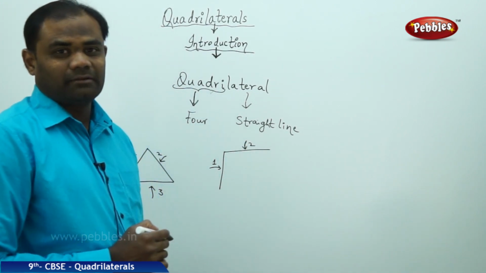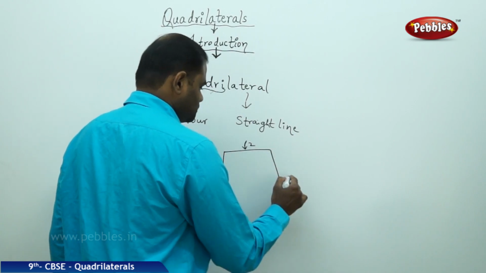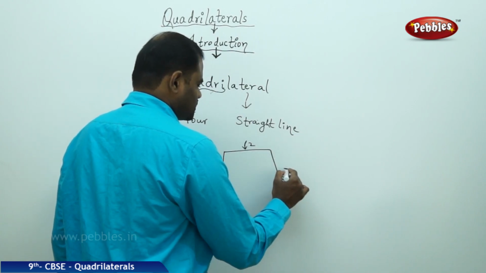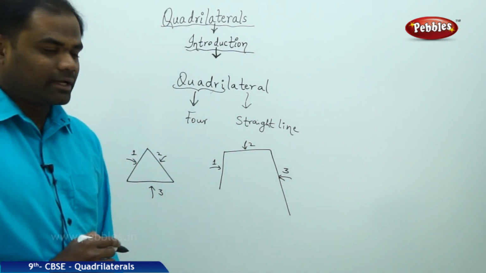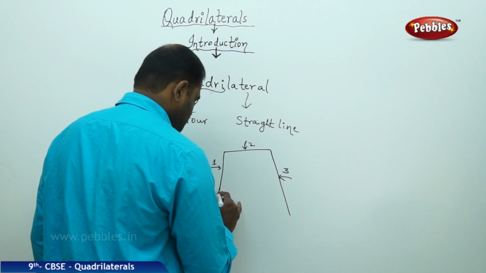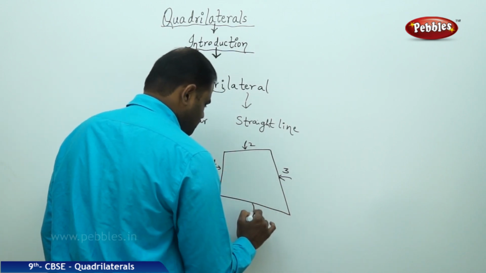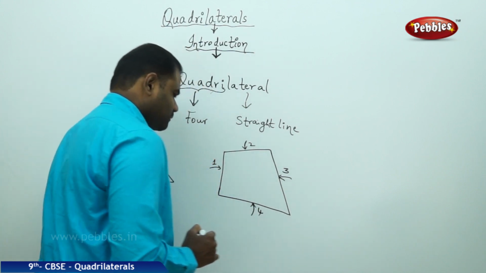And I take the third line and I join it somewhere here. This is line 3. And then I take the fourth line and join it here. So here my fourth line is joined.